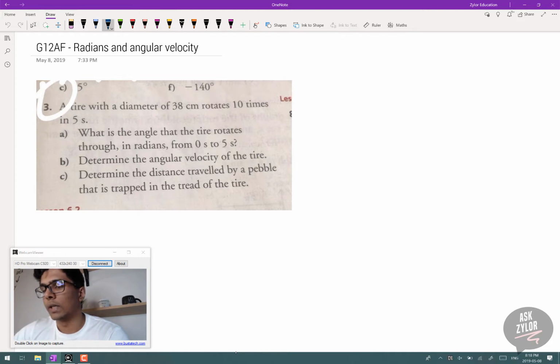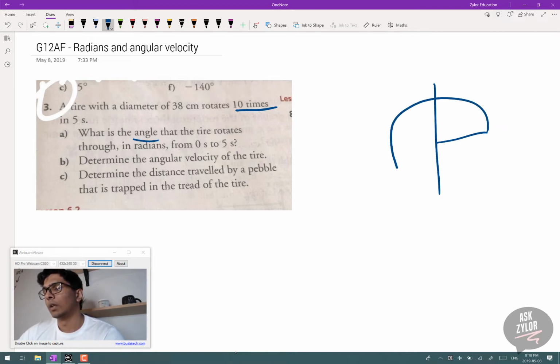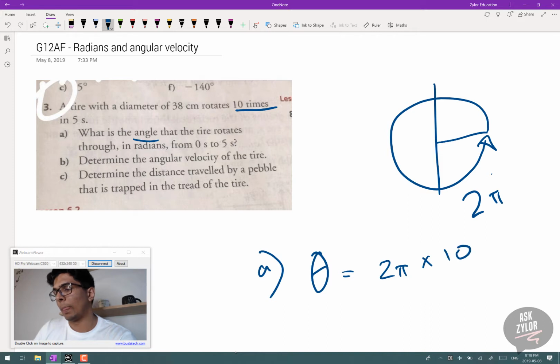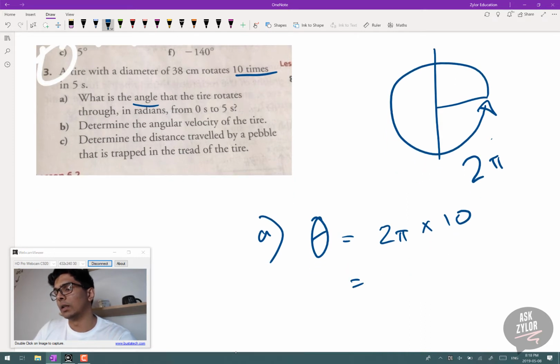So we know it rotates 10 times in 5 seconds, so they ask me the angle it rotates through in that period of time. So we know one full circle is 2 pi, right? It's saying it's rotating 10 times. So to find the angle for part A, I'm going to do 2 pi times 10. That's going to tell me what the total angle is, so it ends up being 20 pi.